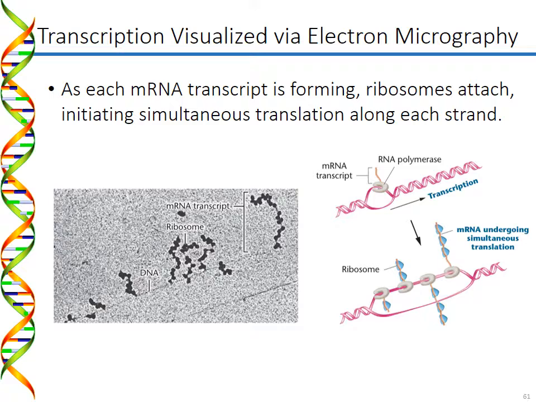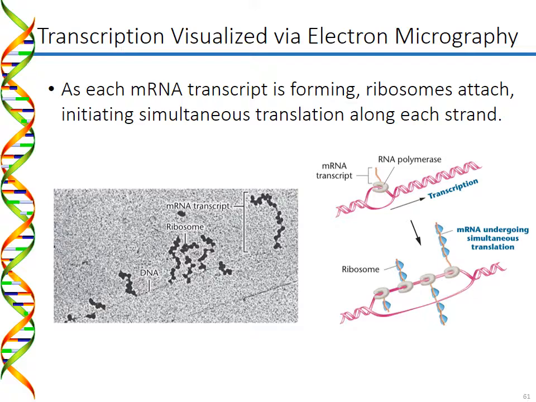Then as that polymerase enters elongation and moves down the DNA strand, yet another polymerase binds and initiates transcription. Because each of these polymerases is in a different stage of transcription, the length of the mRNA transcript they have produced is different.